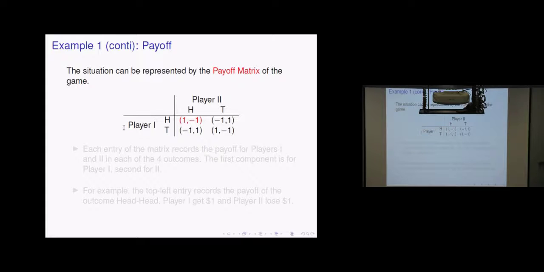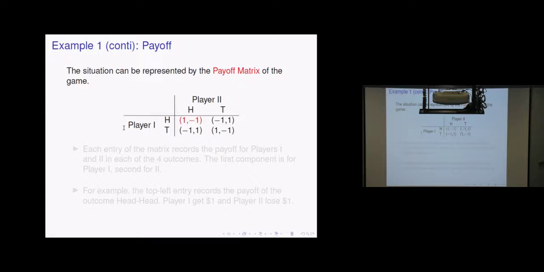The first row represents player 1's move by playing H, and the second row is his move playing T. Similarly, player 2 is the column player. He will either choose H or T. If he chooses H, you should read the payoff from the first column, and otherwise from the second column.